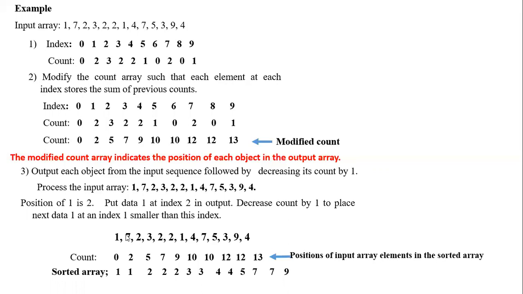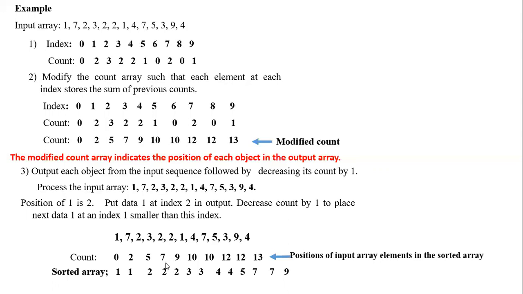The position of 7 is 12. So we insert 7 here and decrement its counter. The position of 2 is 5. So we insert 2 here and we decrement this counter, 9. The position of 2 now is 8.